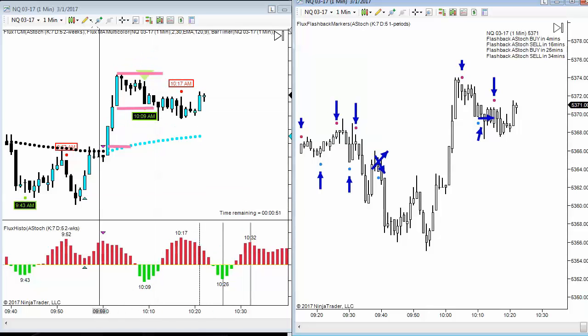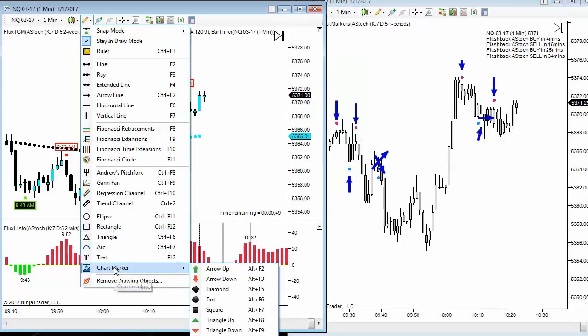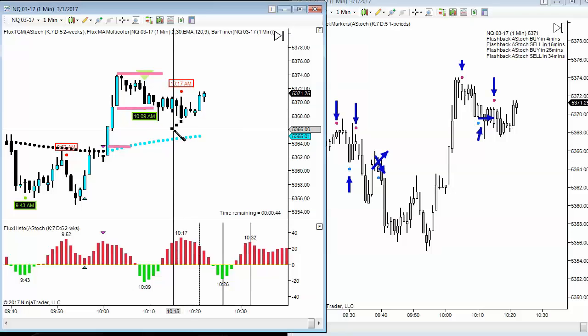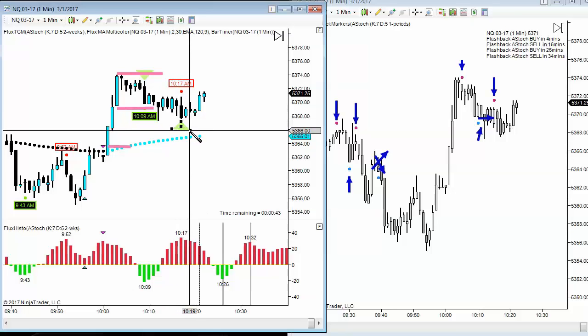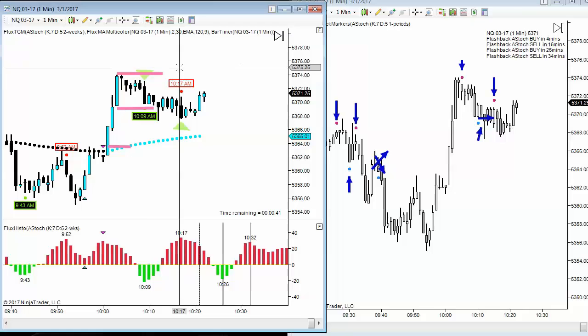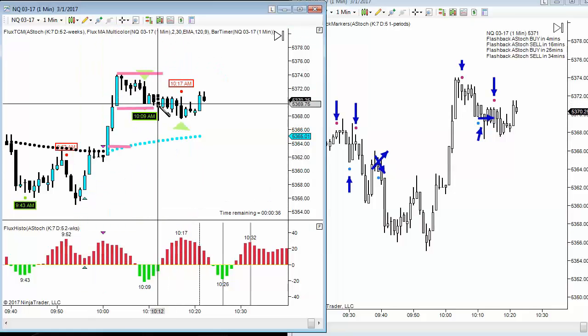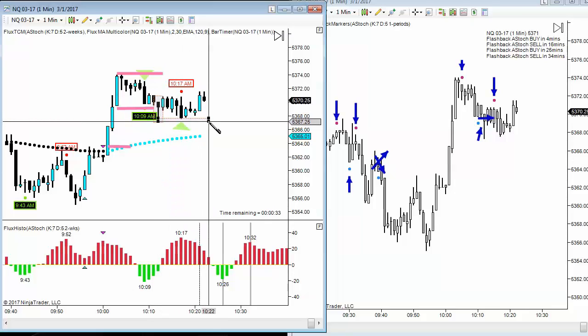We have a Canaveral at 1017, by the way. If you're not sure what a Canaveral is, go ahead and watch the YouTube video right behind this one, and you will see our lower low with the shadow right there.